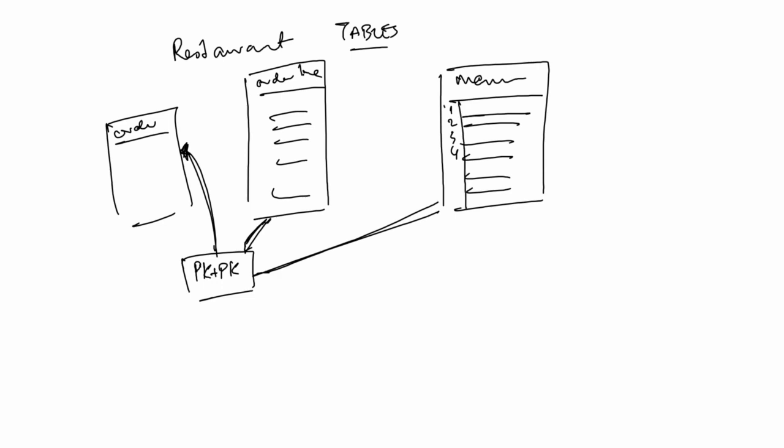These are all primary keys. That's a primary key, and 1, 2, 3, 4 is also a primary key. So when you have primary key one plus primary key two, what you are doing is linking, or composite.